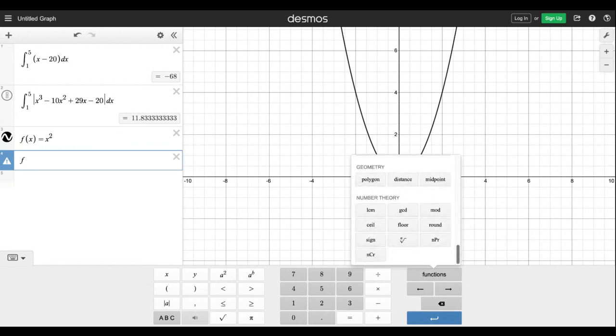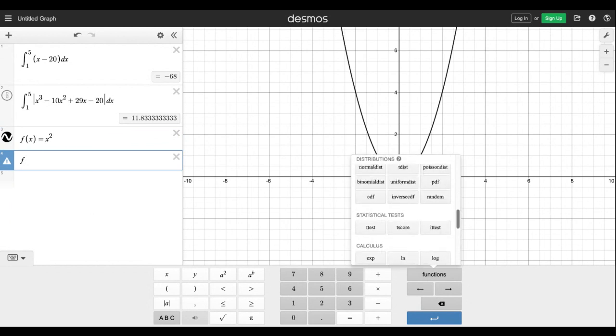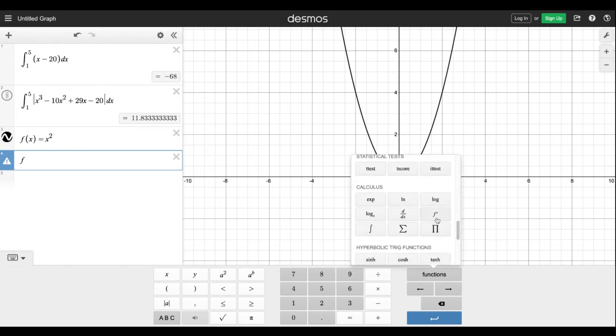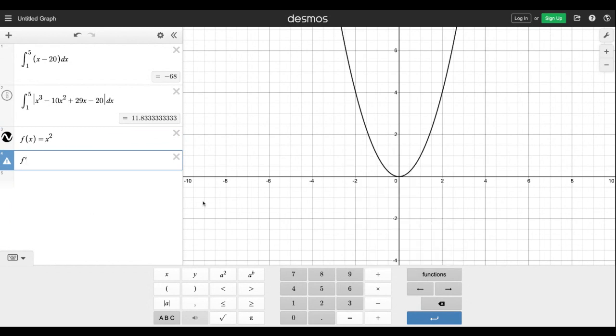I'm not going to waste a lot of time with this today. I know it works. So f prime of, let's say, 3. Yeah, it does work. It gives me 6, and we did know that. So you have to put your function in and then just go f prime of whatever number you want, and it will give you the derivative of that.